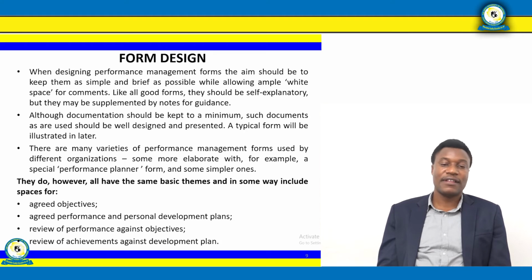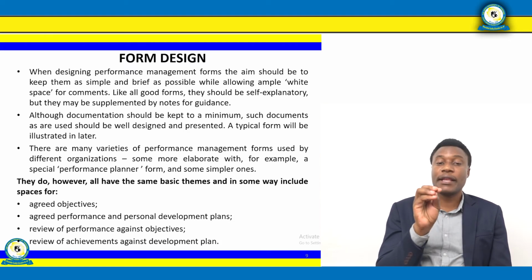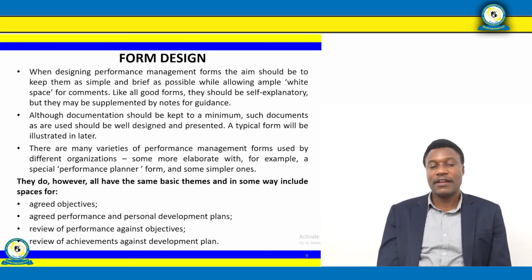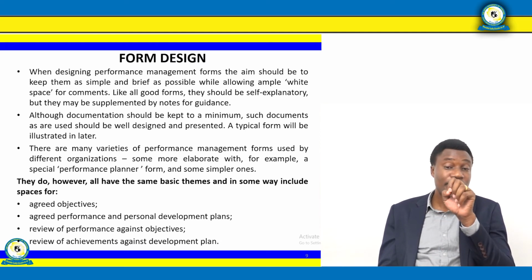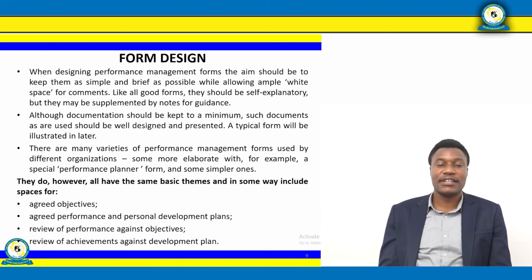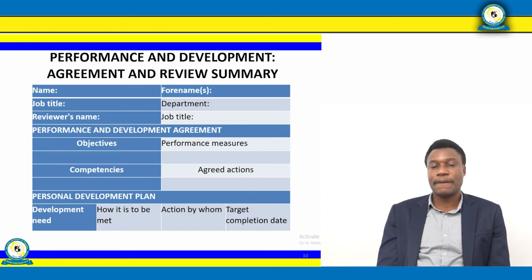For instance, these samples include agreed objectives, agreed performance and personal development plans, review of performance against the objectives, and review of achievements against the development plans. So these are the crucial pieces of information that there should be in the performance management form when designing it. Don't forget that.